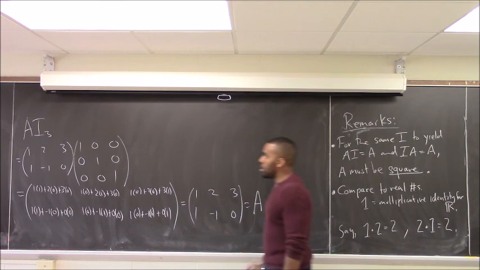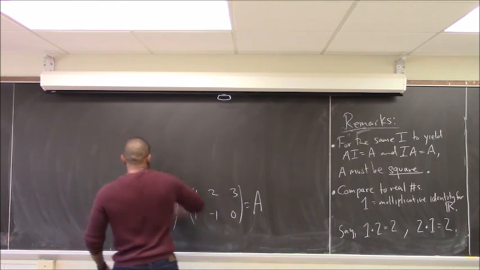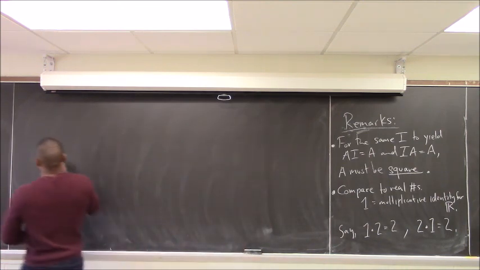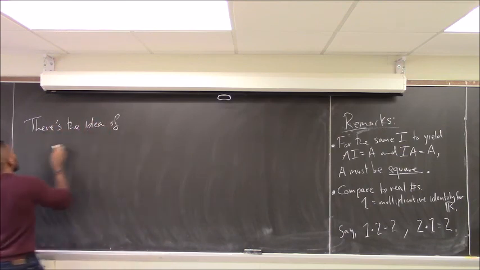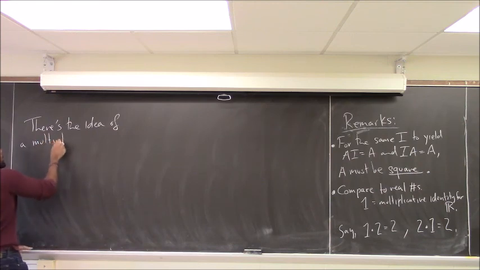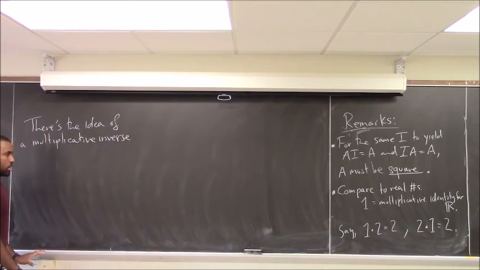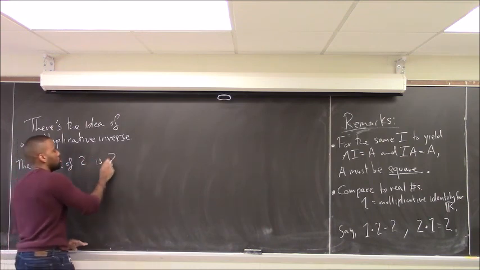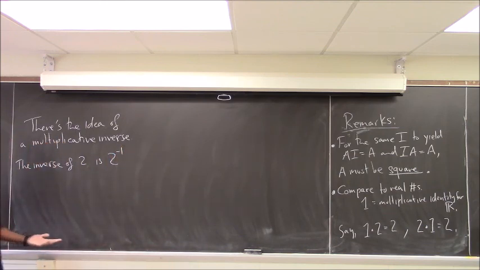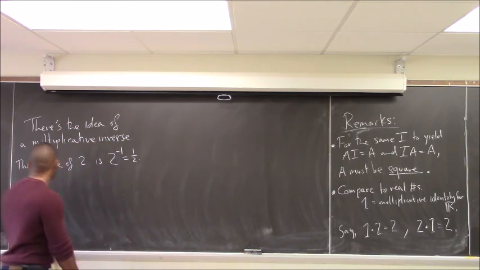Now, there's the idea of a multiplicative inverse. Okay, so the inverse of 2 is 2 inverse. But by the laws of exponents, we actually know what that is. That's actually 1/2. Now, what is the property that this number has?